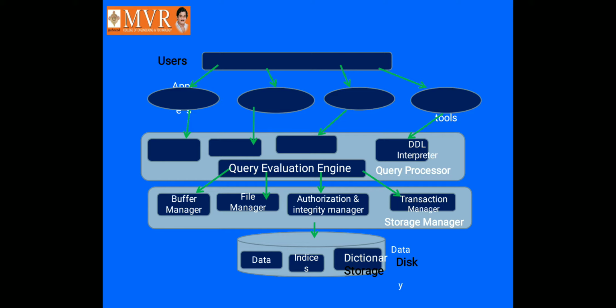For the file manager, what are the stored files? They should be in an ABCD format, like an index. We already saw that the file is stored in an index format or the dictionary format. Next one is the authorization and integrity manager.